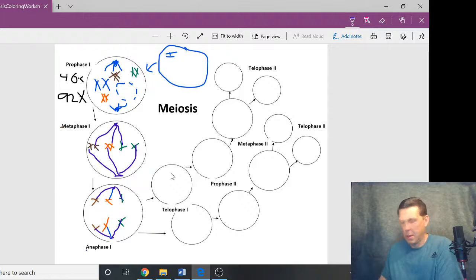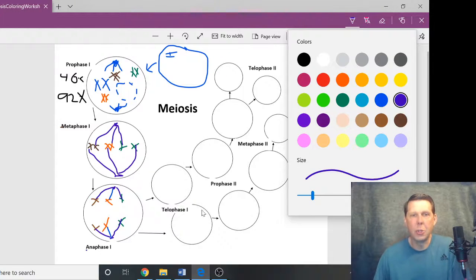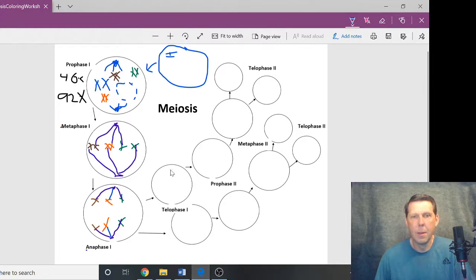Let's see if I can adjust my mouse here to make this a little easier for all of us. All right, what should I be drawing here? Should I draw the centrioles and spindle fibers? No, I should not, right? I am going to draw, though, the nuclear membrane is back, because we don't want things coming around.